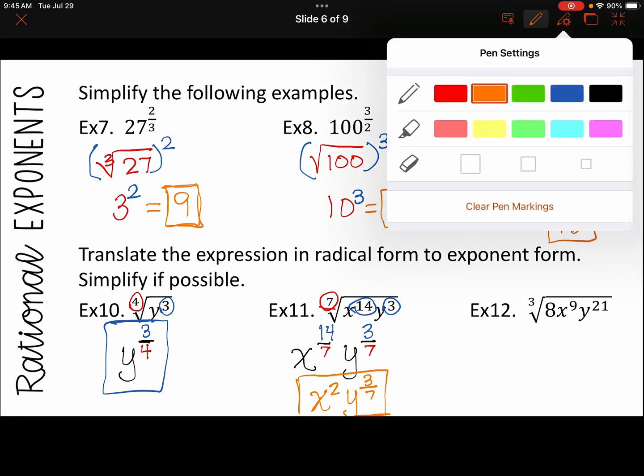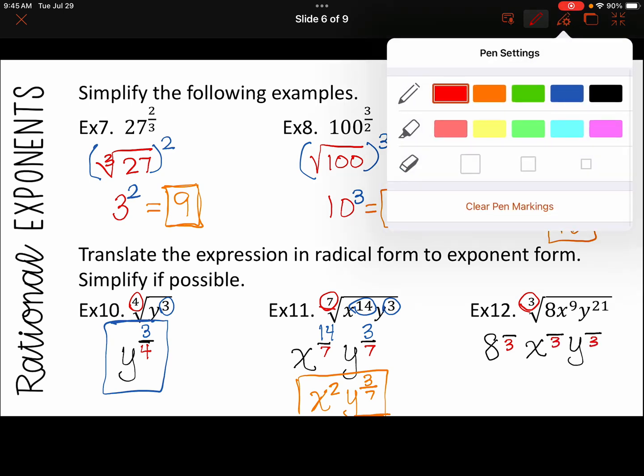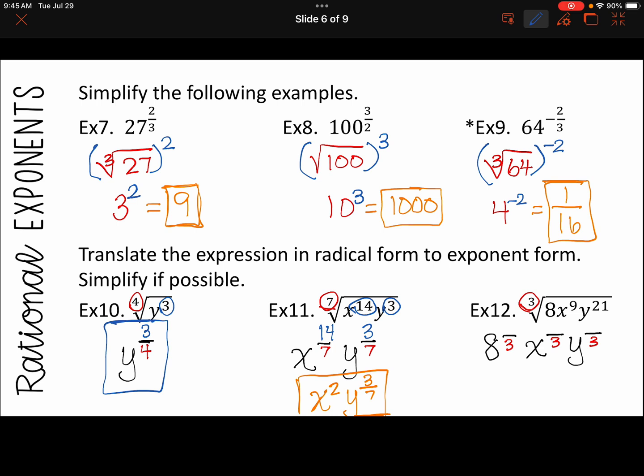All right, last problem. We have 8, we have x, we have y. We have the cube root, so that is our denominator on each part. Then we have to the first power, to the 9th power, and to the 21st.